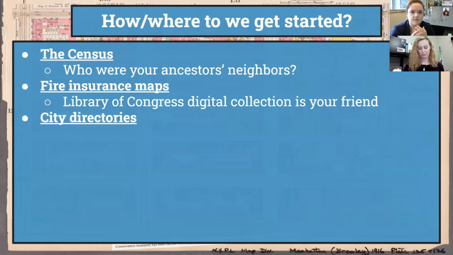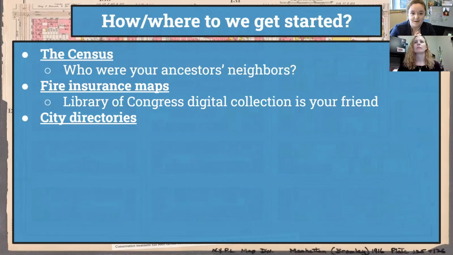On the map, if a building is yellow, it's a wood frame construction house. If it's red or pink, it's brick. So you'll see what something is made out of. It'll say if it's a dwelling or a store, how many stories it is, all kinds of stuff.